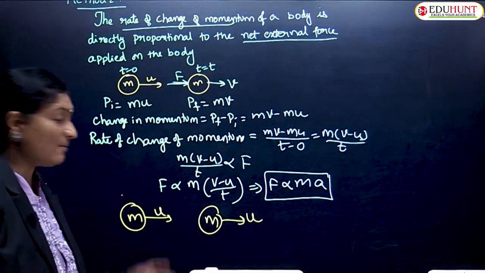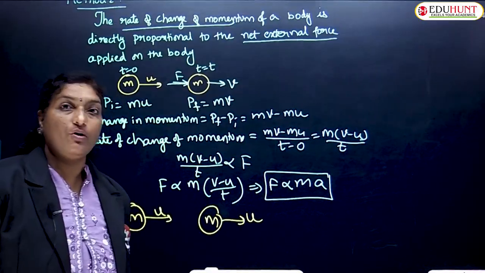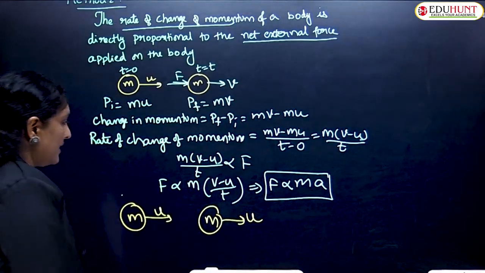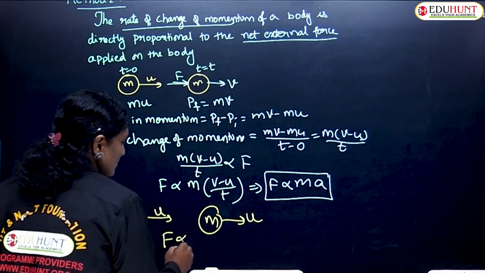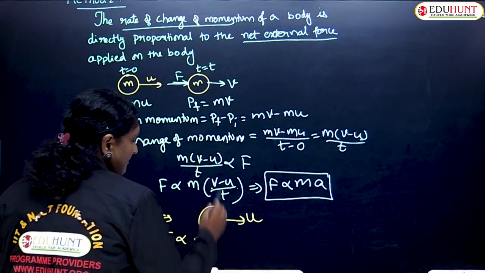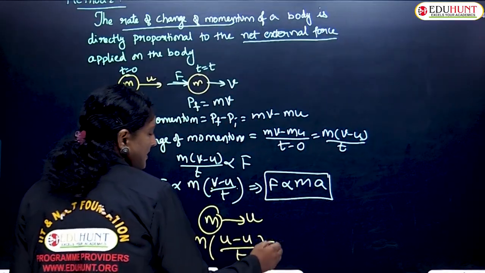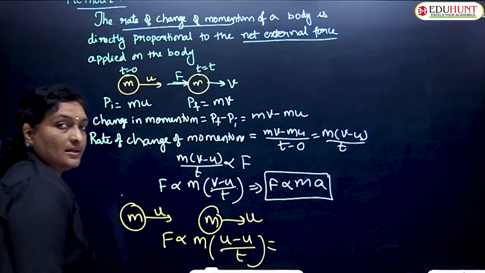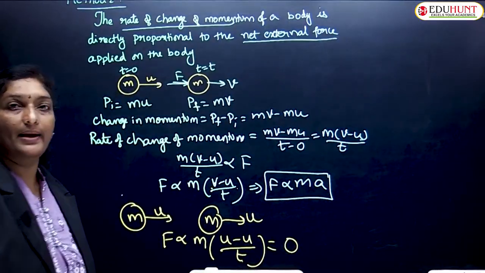If a body moves with the same constant velocity before and after, then F is proportional to m into (v minus u) by t, with final velocity also u and initial velocity also u. u minus u how much, children? 0. 0 by t is 0. 0 into anything is 0. So the force acting will be 0.